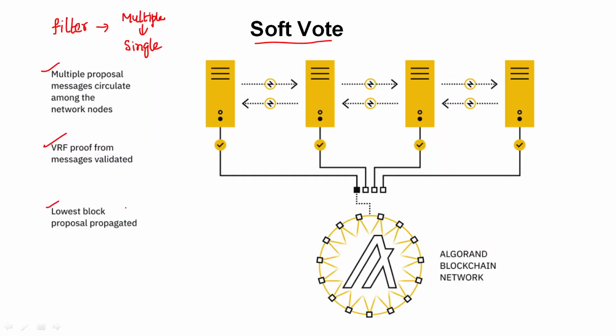So this is nothing but identifying the block with the lowest VRF hash. Once it is identified, the proposal is propagated.